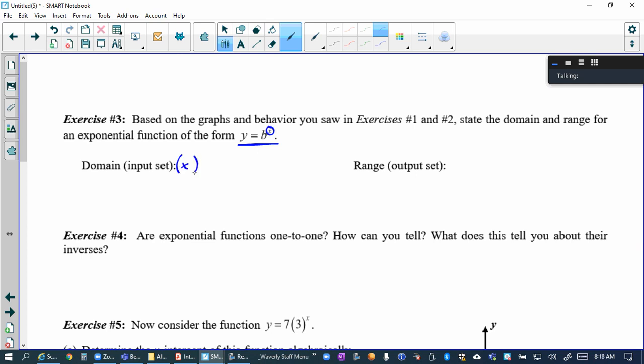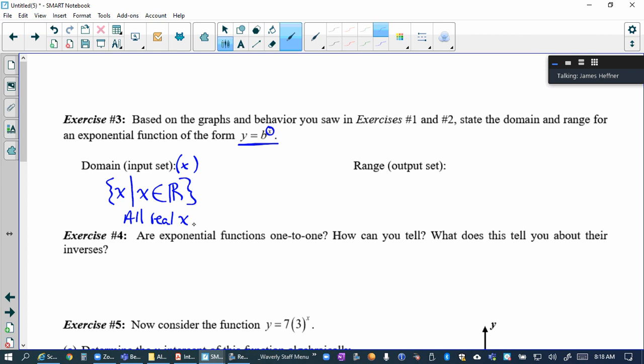We can use any x. So x can be any real number, from negative infinity to infinity. There's no restriction on x, so we could say x is an element of the real numbers, or another way to say this would be all real x.